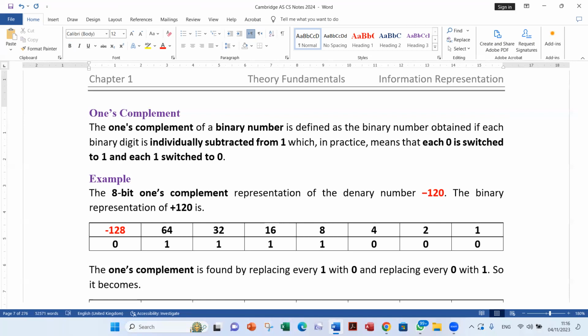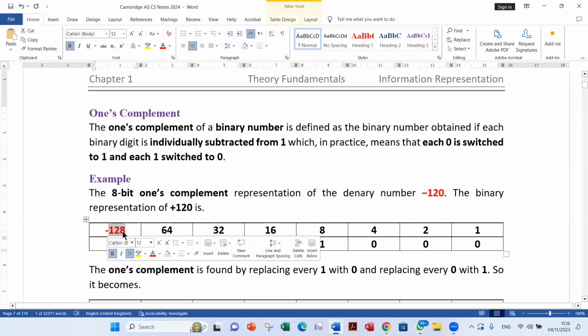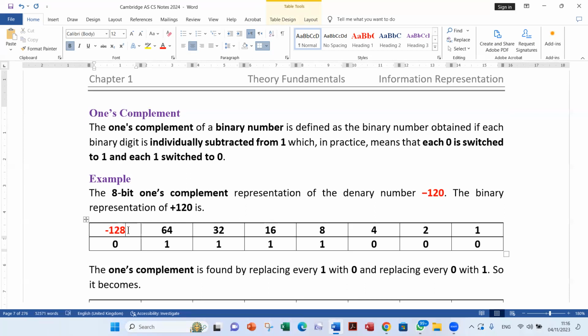The binary representation of positive 120 is as follows, and as you can see, this is negative 128, because very soon I will be dealing with the 2's complement.